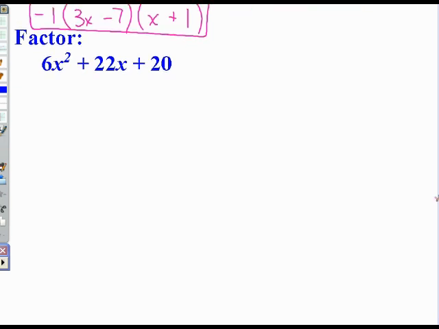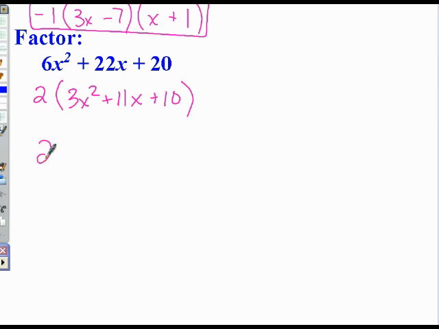Third one, you don't want to be moving into factoring until you factor out their common factor, which is 2. So 3x squared plus 11x plus 10. All right, now if we want to use bottoms up, we could do that.